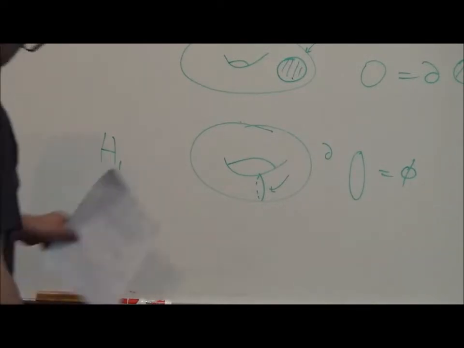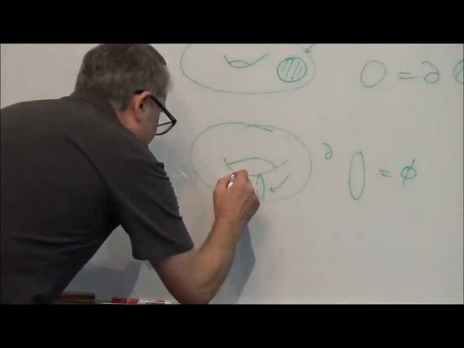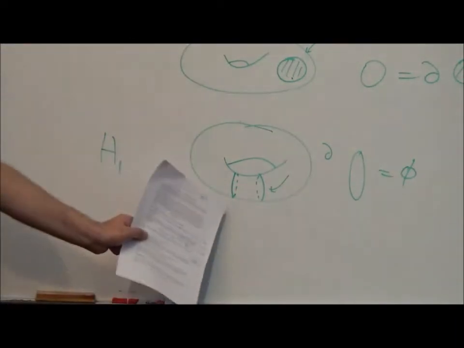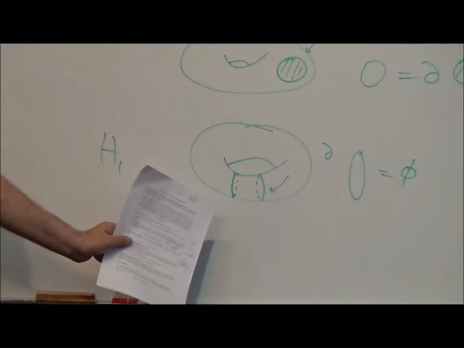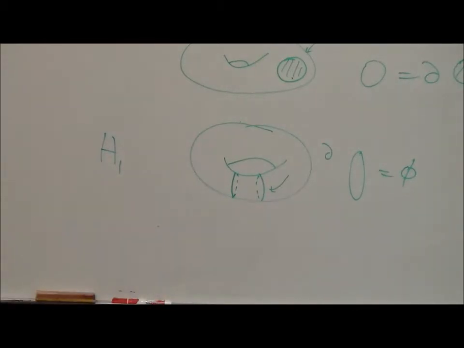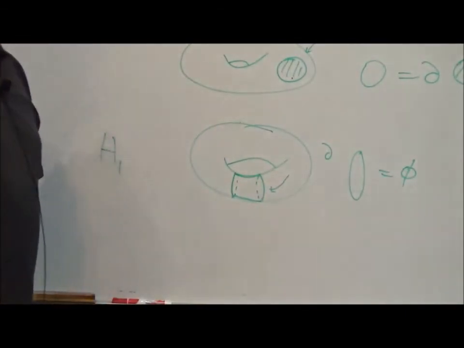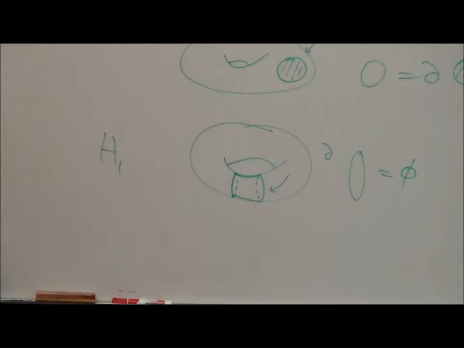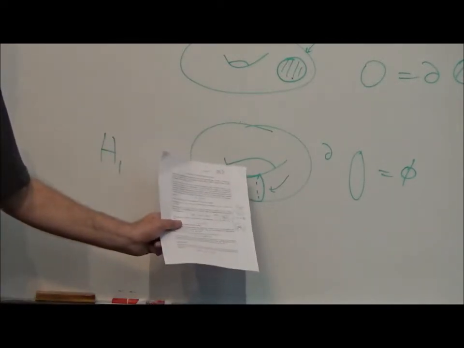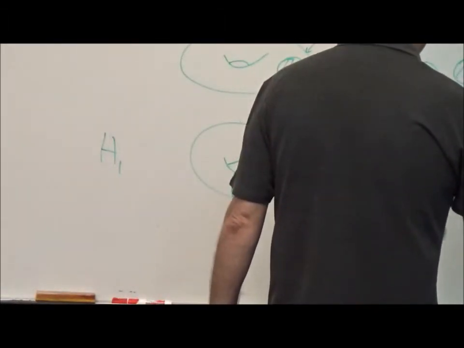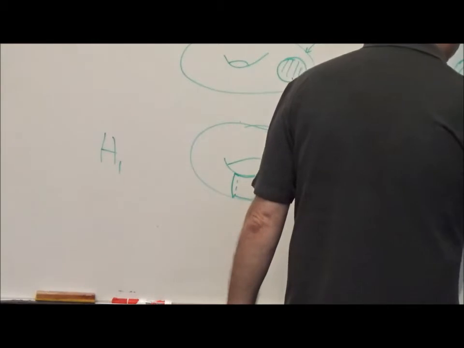So, that's one thing. Suppose I take this guy here. It looks like I've got another one. That'll give me 2. But that's not true, because these two are related by a cylinder, right, which lives inside the space. So the boundary of the cylinder is one of the circles minus the other one.